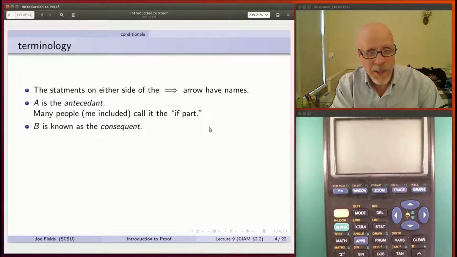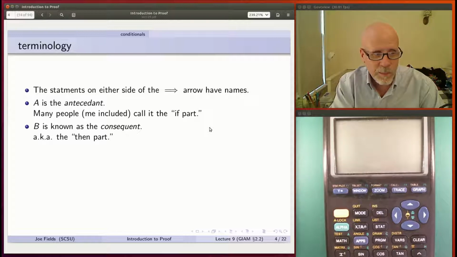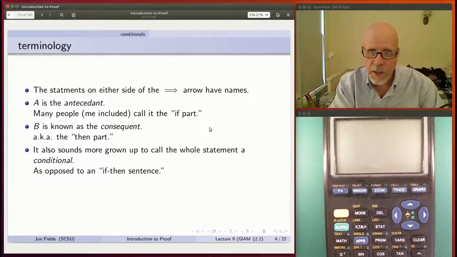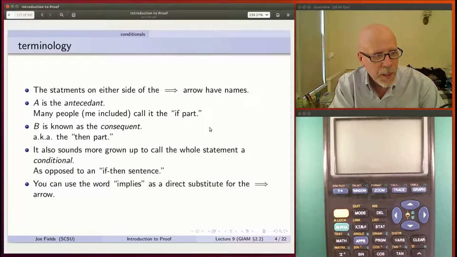B is known as the consequent, and me and many others would call it the then part. It also sounds better if you refer to the entire thing as a conditional. Don't say an if-then sentence. Say conditional. That one I agree with. Saying conditional is not too much extra work, and it does make you sound more grown up.